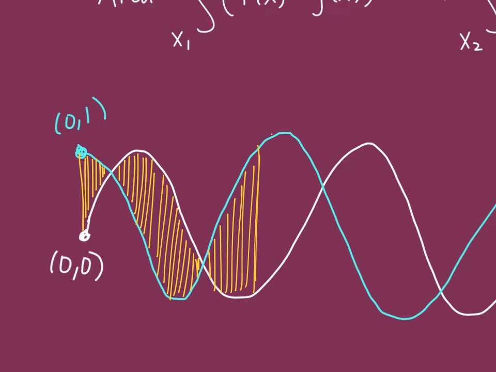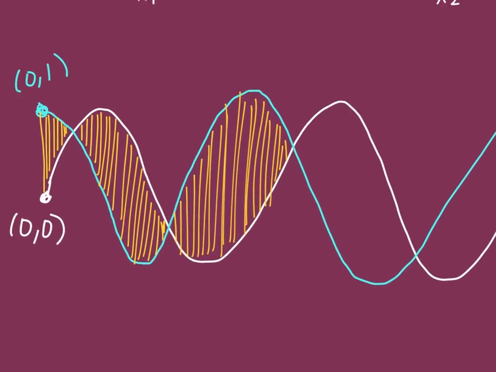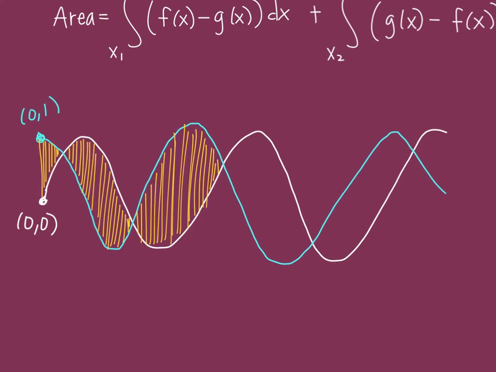So there are infinitely many intersection points of sine and cosine. Just remember, sine of x is the one I've drawn in white because it starts at 0, 0. And cosine of x is the one I've drawn in blue because it starts at 0, 1.